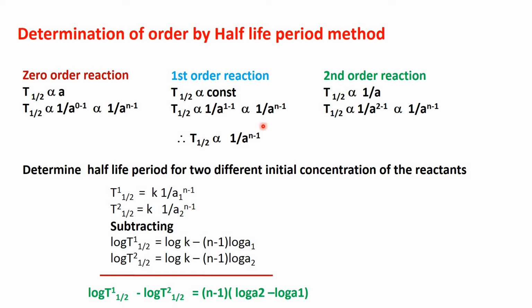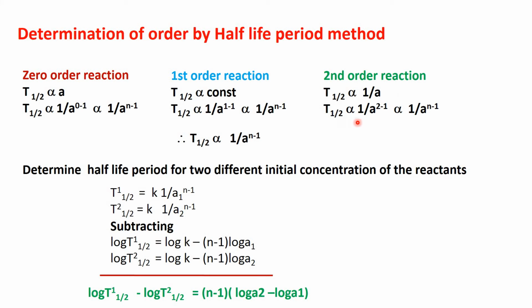Proportional to 1 by A to the power N minus 1. That means here 1 minus 1 is 0, and 0 means it will be constant. T half will be constant. That means for first order also you can write T half proportional to 1 by A to the power N minus 1. Similarly, for second order, we have observed that the half-life period is inversely proportional to the concentration of the reactant.